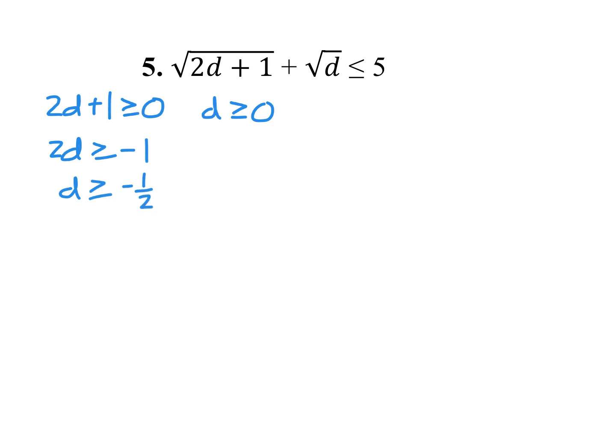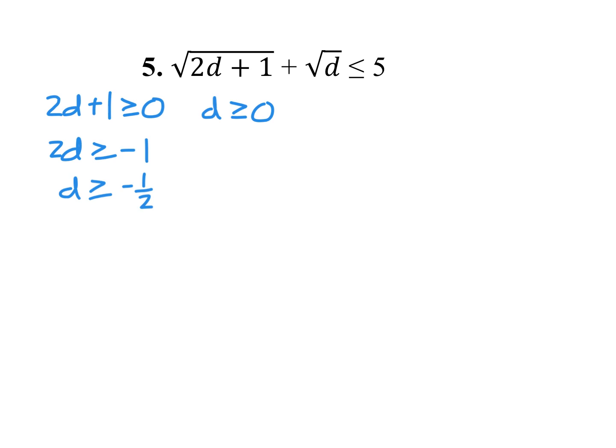It also has to be bigger than or equal to 0. Both of those need to be true, but they're kind of redundant. It's almost like saying someone has to be older than 20 and also older than 30. Well, one statement would cover both of them. I will explain that again when we get to the number line, but let's worry about the original problem.